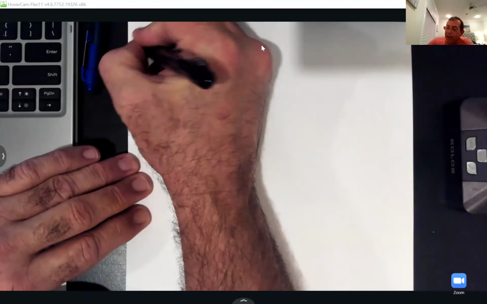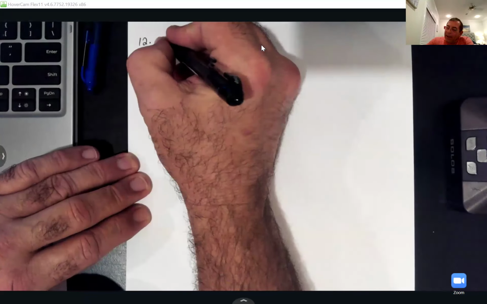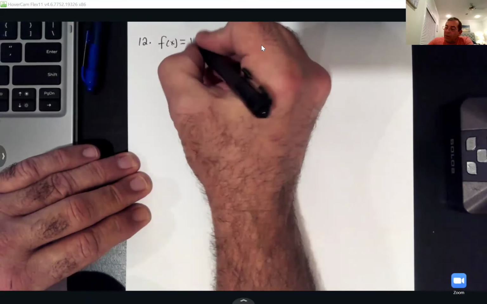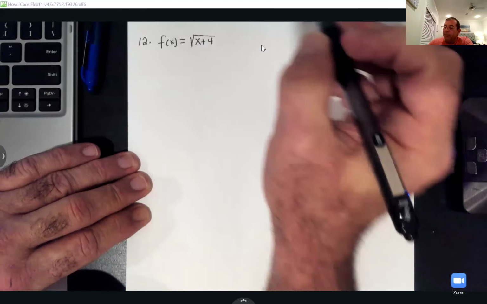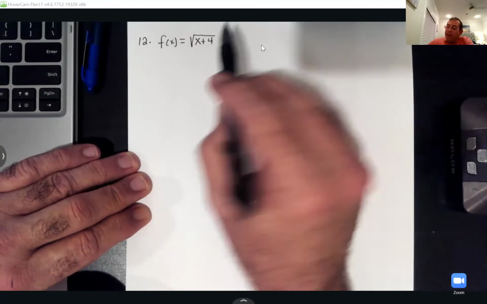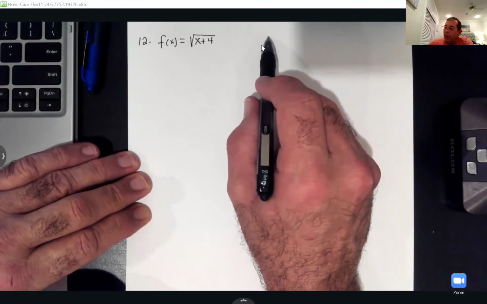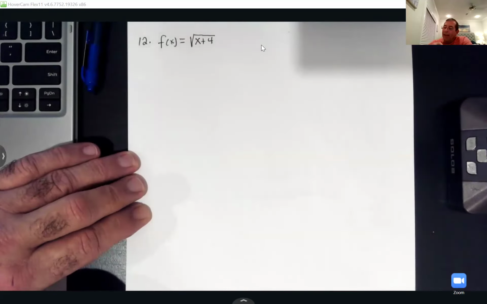So this one will be like your number 12. f of x is going to equal the square root of x plus 4. Now, if you used to graph this square root, it just sort of looks like a slow uphill graph, but it is one-to-one.